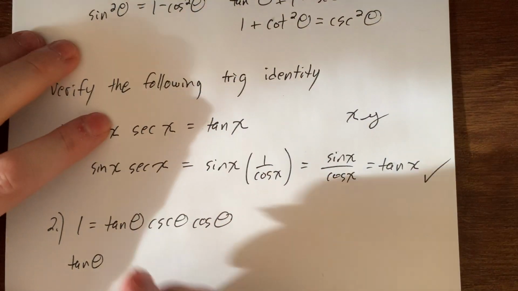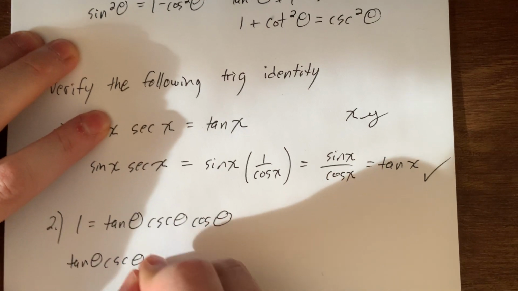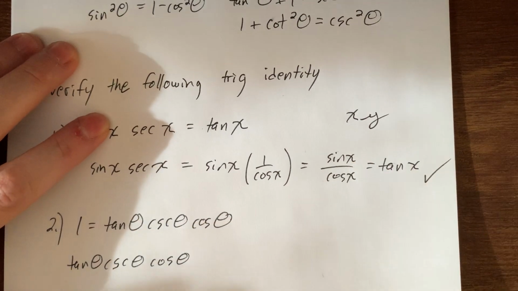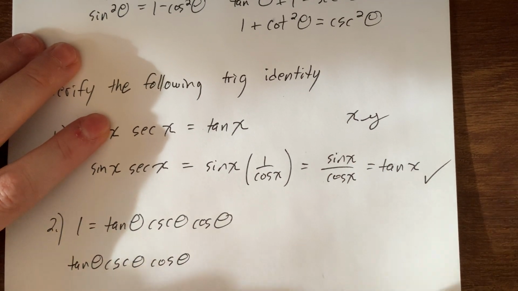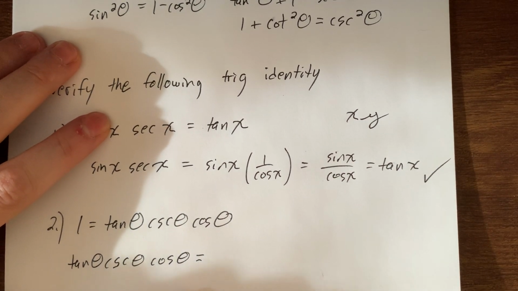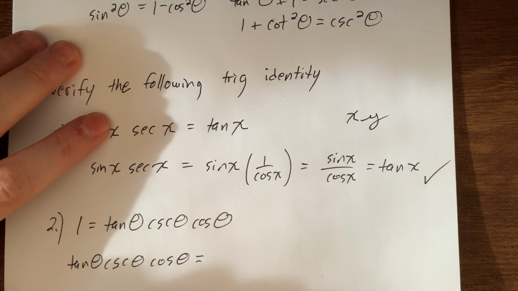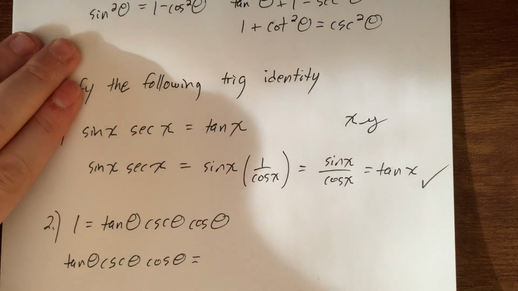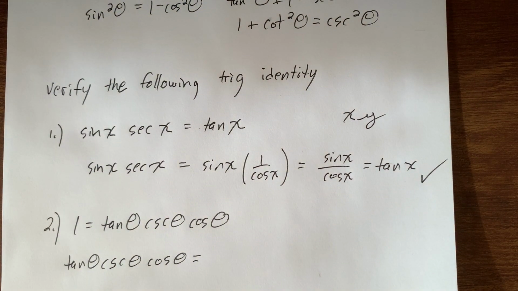So I've got my tangent, cosecant, cosine, starting with that side. And just like the previous one, the first thing I'm going to do is get my stuff in terms of my sines and cosines. In just a moment after we do a few more, we'll give some guidelines.